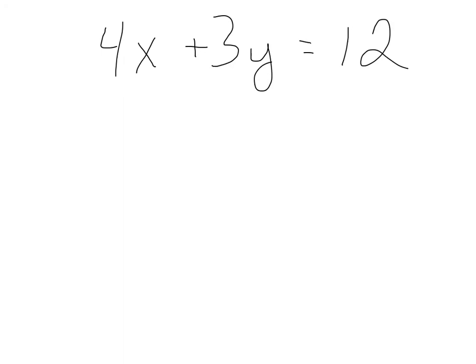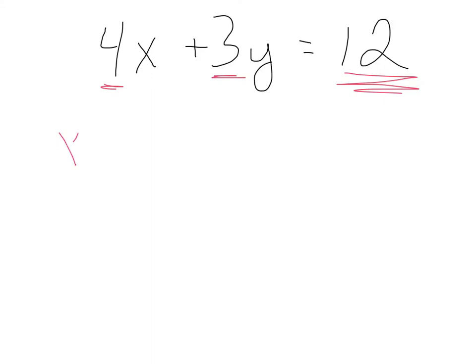I'm going to abandon my table method. I'm going to use the intercept method because I notice that x and y are on the same side. So this is an example that is in that standard form. And then a quick look tells me 12 is divisible by 4 and 3. So this is going to be a very easy intercept method problem.